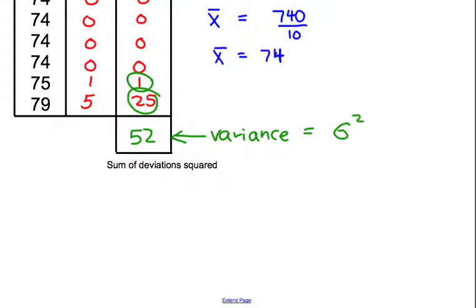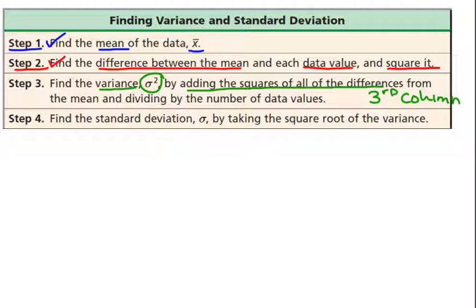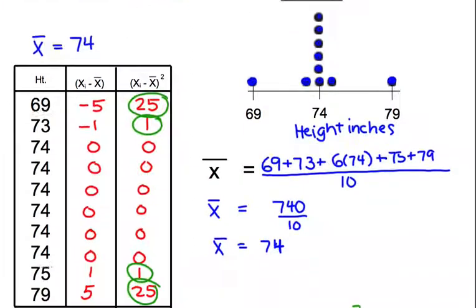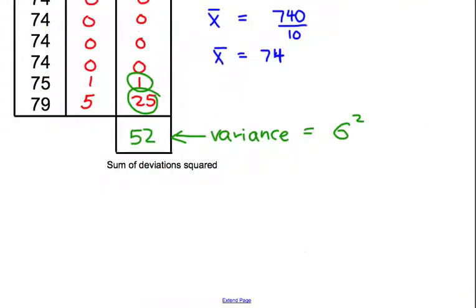All right. Last step is to find the standard deviation sigma by taking the square root of the variance. So to find the standard deviation sigma, we're going to take the square root of the variance. We'll head back down. Well, we found that the variance was 52. So to find the standard deviation, we take the square root of the variance.